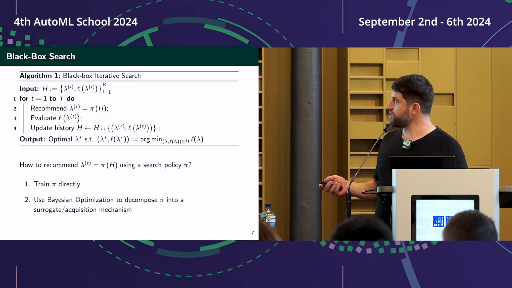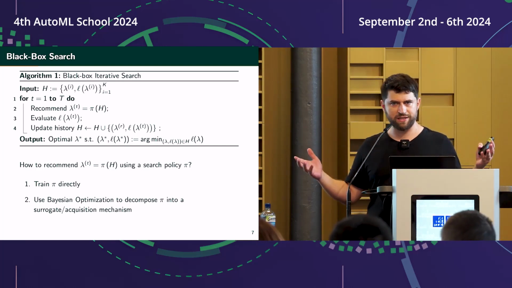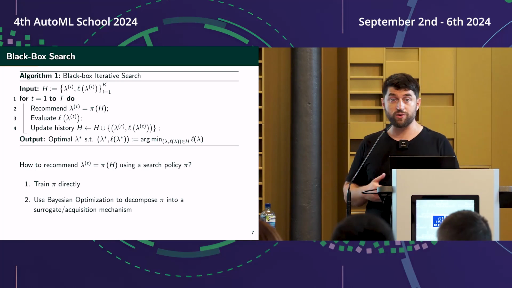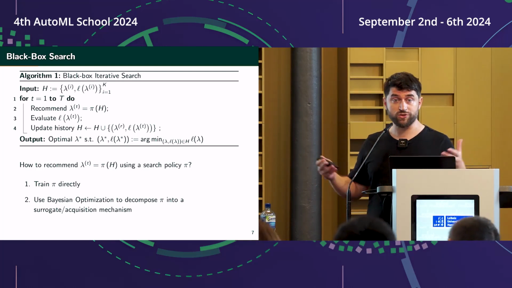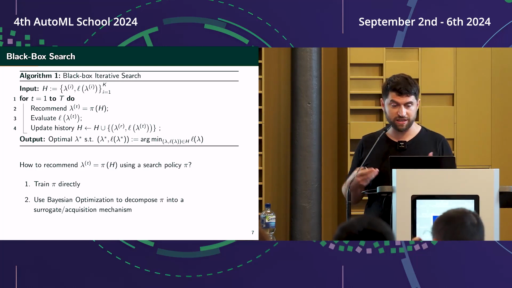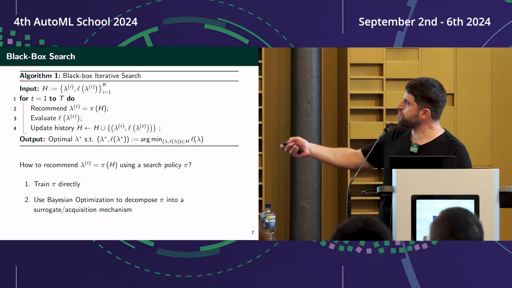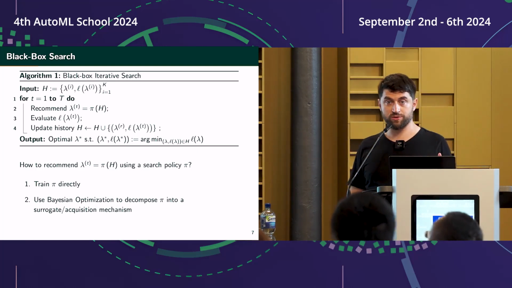A black box iterative search. An iterative search is a common mechanism in numerical optimization. Gradient descent is an iterative search, but also Bayesian optimization, as you saw today, is in fact an iterative search. And what we do there is we start with some initial hyperparameter values and we measure their performances.